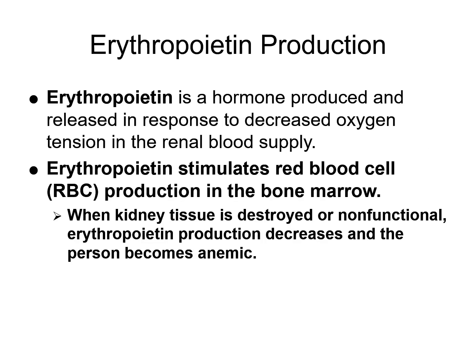Now let's talk about another enzyme. There's several enzymes that we have to know about, or not enzymes, hormones that are produced in the kidney. Erythropoietin is a hormone that is produced and released in response to decreased oxygen tension in the renal blood supply.